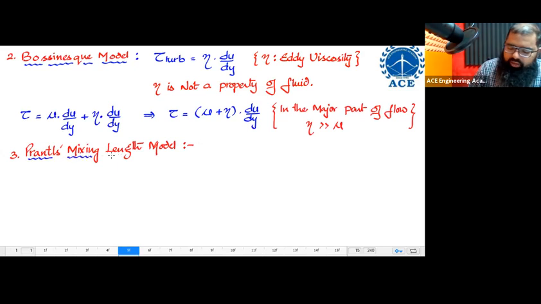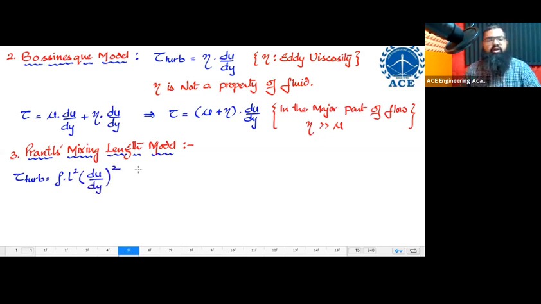Now, according to Prandtl's mixing length model, he said that the value of tau turbulent is equal to rho into L square into du upon dy, the whole square. This is what he said.